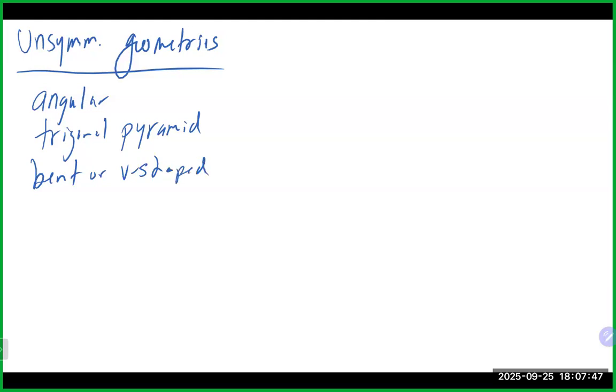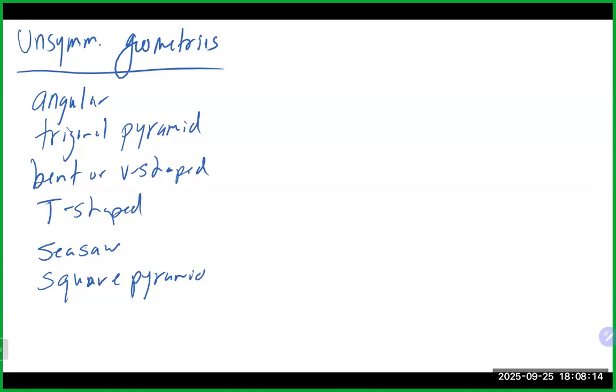We have some of those expanded octets: T-shaped, seesaw, and then we have square pyramid, or pyramidal. I think I hit them all.